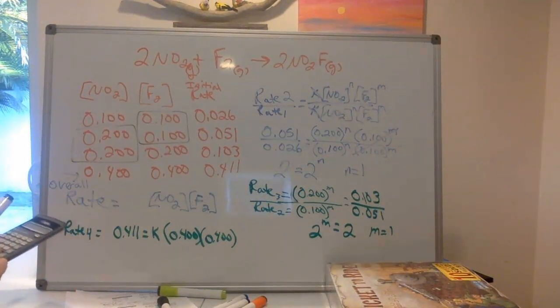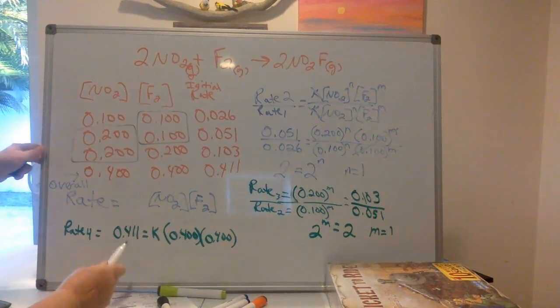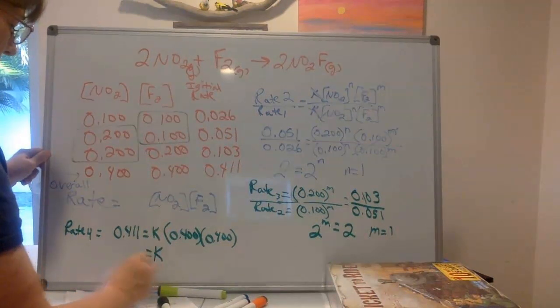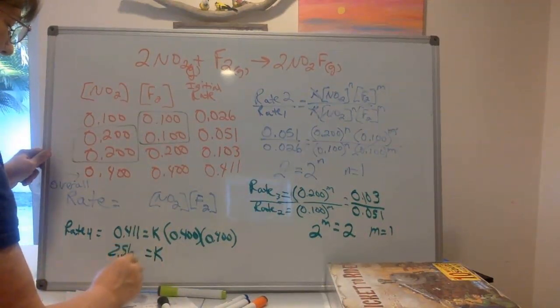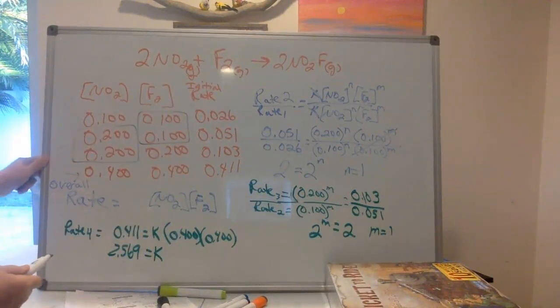So we have 0.411 divided by the product, and K equals 2.569 at constant temperature, at this temperature, right?